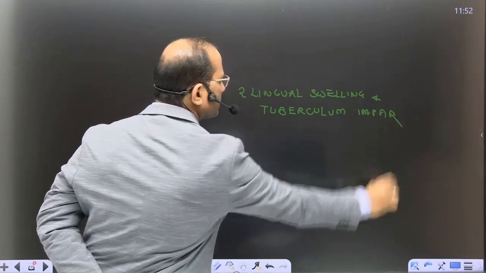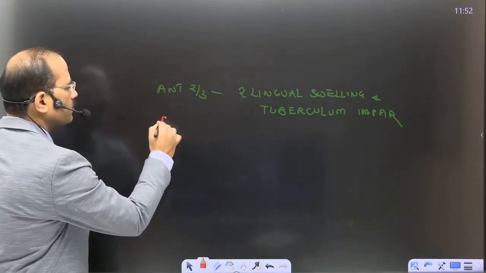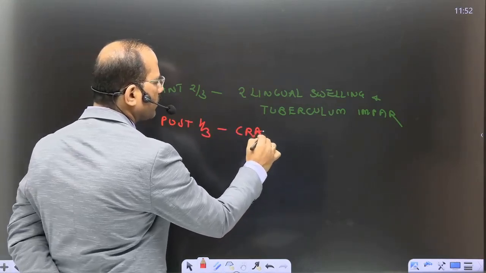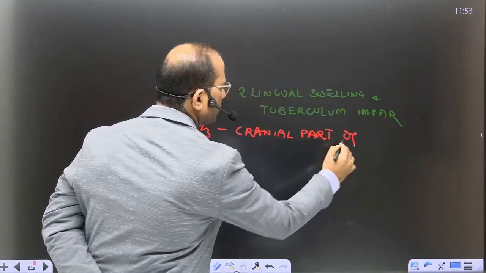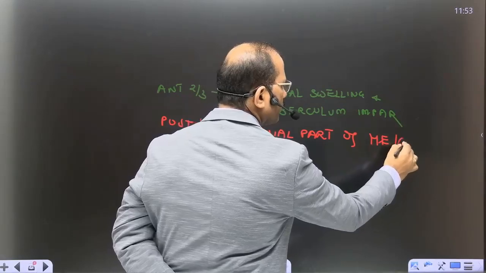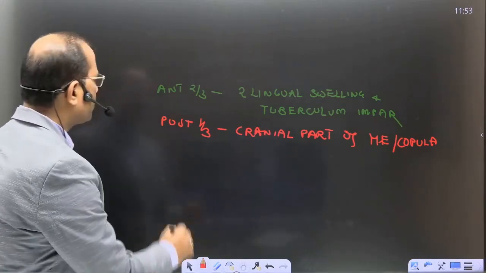Just remember, this comes in the MCQs. Anterior two-thirds, posterior one-third. The posterior one-third is derived from the cranial part of the hypobranchial eminence, or copula.